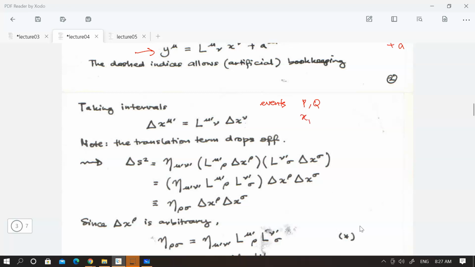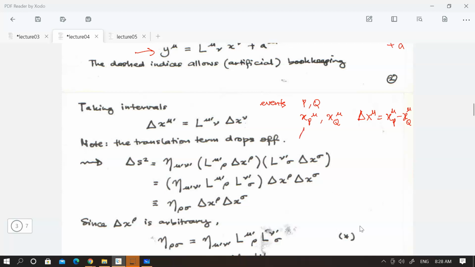So there will be x^μ_P and x^μ_Q. This refers to the event P and this refers to event Q. And if you take the difference between these two, to be the difference, the interval, so to speak, then you'll see that under the transformation, let me try to do this.